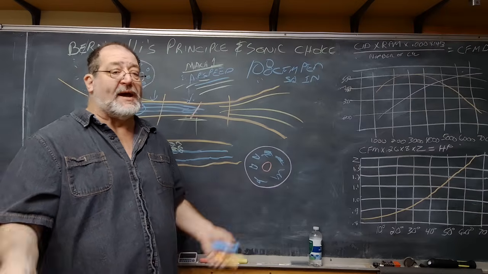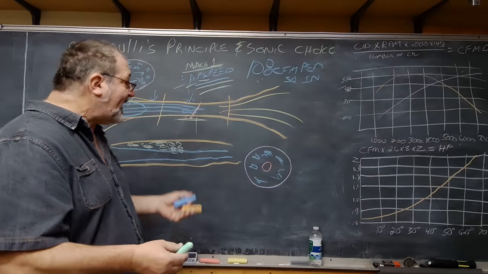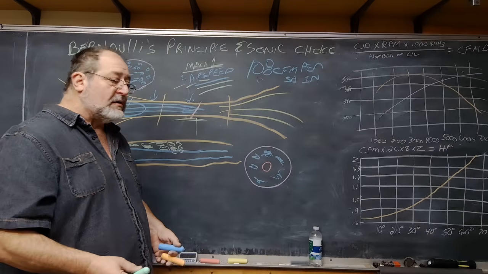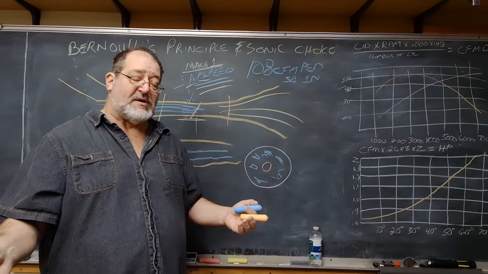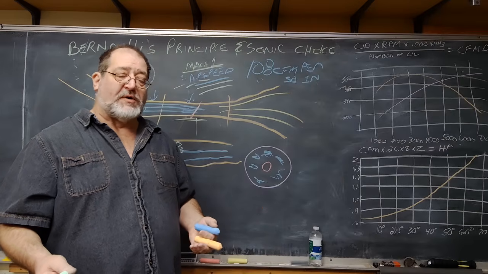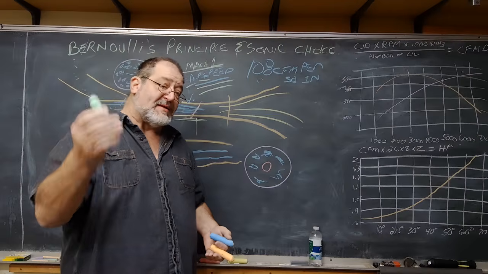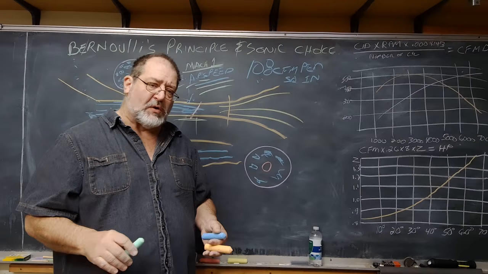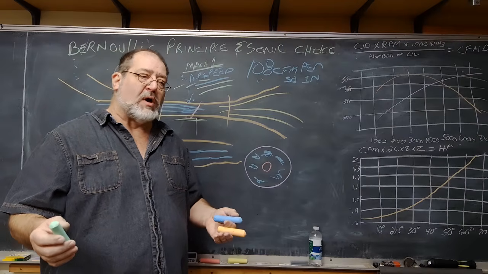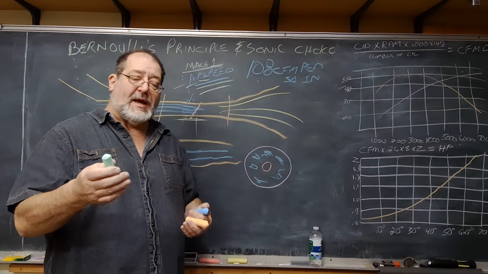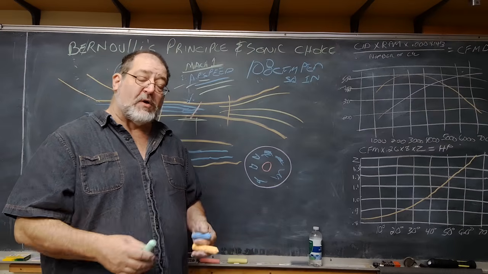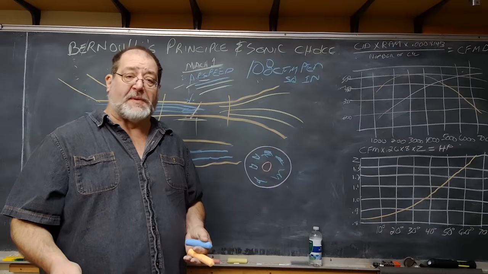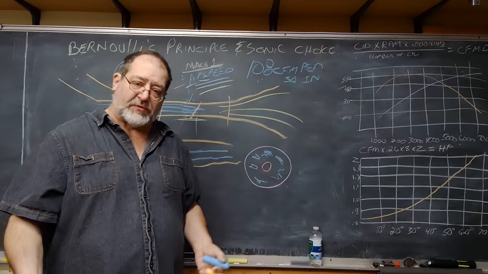Or like poor Nick, I mean, he got talked into heat for the runner. Heat's always a bad idea. I don't even know why they thought it was a good idea. So he added heat to the intake to vaporize the fuel. That's not how it works. And of course, to do this, he went from headers to cast iron manifolds and promptly lost a bunch of horsepower because now the exhaust doesn't work.